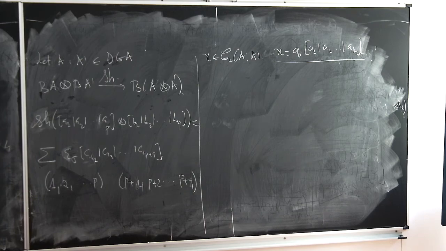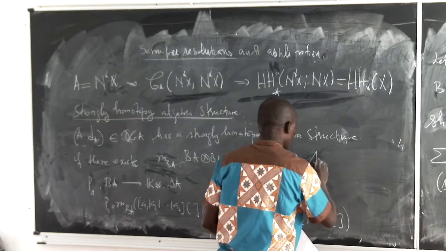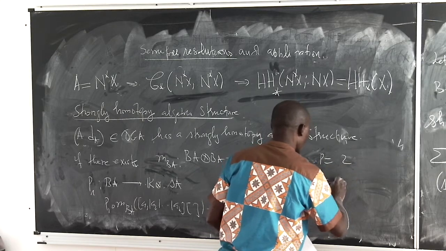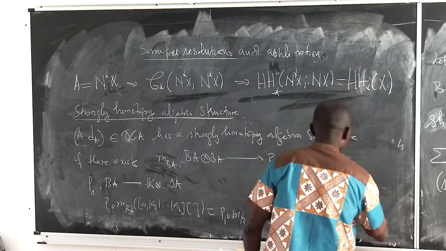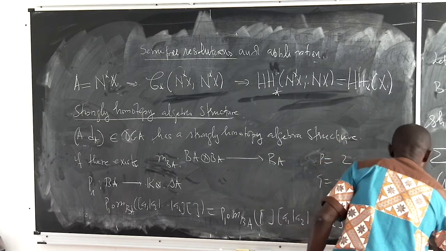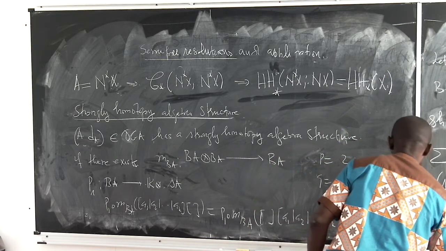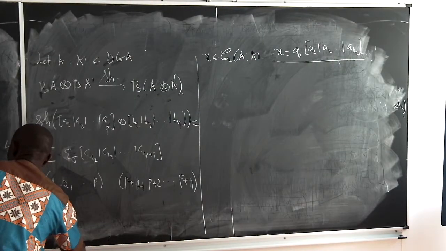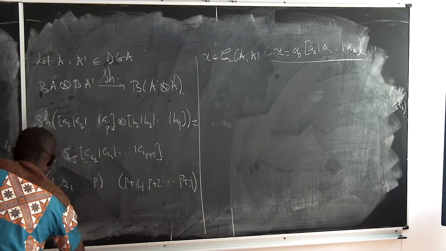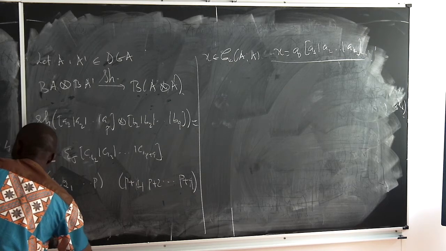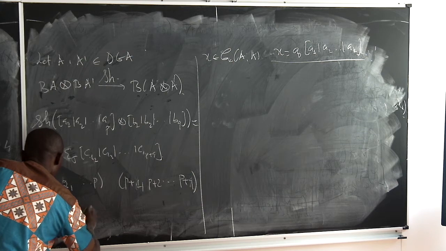Let us take P equal to 2 and Q equal to 3. Then you have P plus Q equal to 5. We consider a permutation of this form: let us take here 1, 3, 2, 4 and 5.